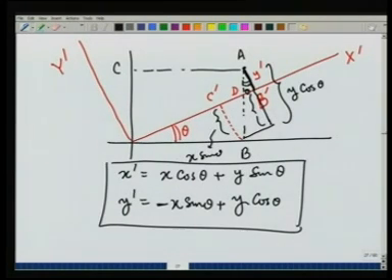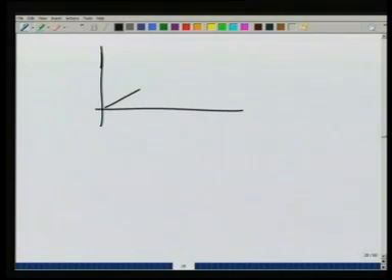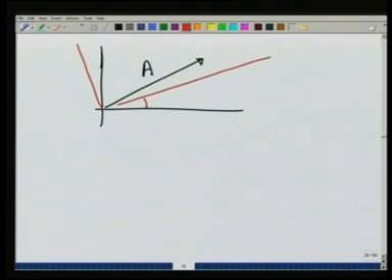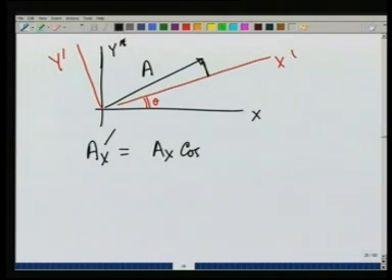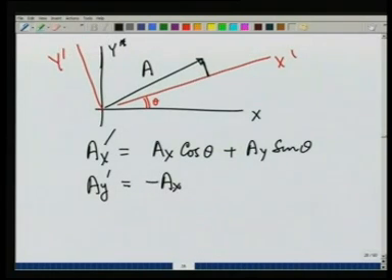And this is how the x and y components of the vector are going to change. I wrote this for a displacement vector x and y, but in general you can do the same exercise and you would find that if I look at a vector A in the two frames, which are rotated with respect to each other, then A x prime, that is the component of A in the rotated frame, is going to be equal to A x cosine of theta plus A y sine of theta, and A y prime is going to be equal to minus A x sine of theta plus A y cosine of theta.